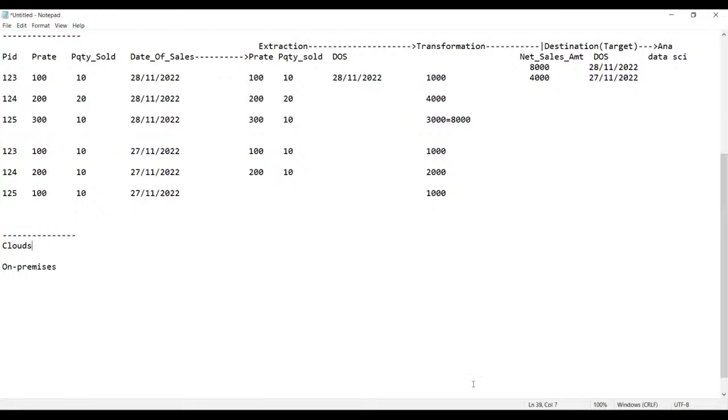To understand cloud, I'll give you a very simple example. On-premises is just like your mobile phone. Your mobile phone has how many memories? One is the inbuilt memory in your mobile phone.